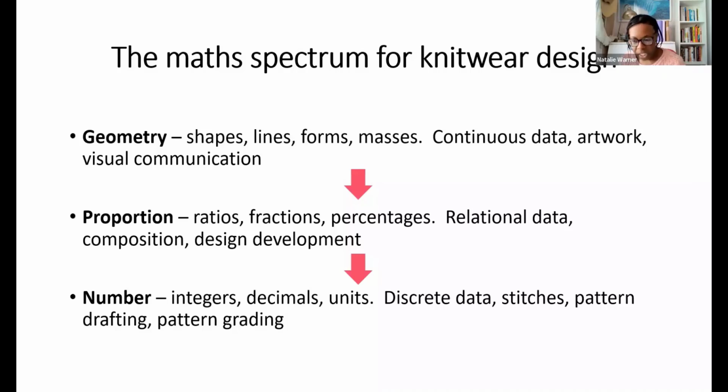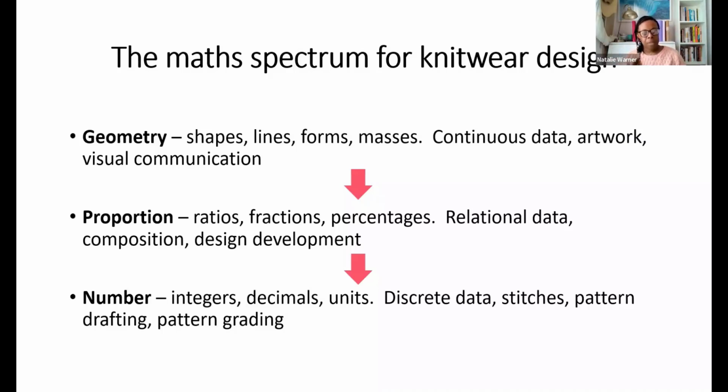And so stitches, and by that, you've also got pattern drafting and pattern grading there as well. Because when you look at the proportions of something, it tells you something about the shape or the form of whatever object you're looking at. And then you can also turn that into a number as well.